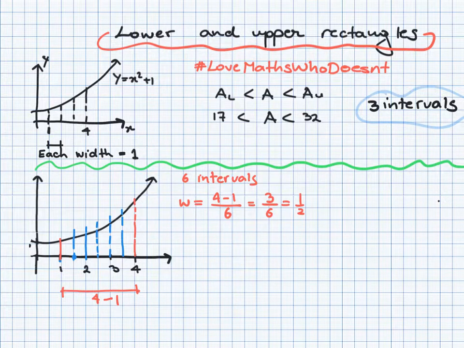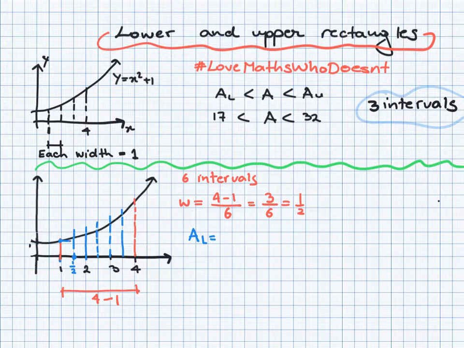Now, in order to find the lower area, we're going to do what we have done before. For the lower one, we're going to create rectangles. Again, between 1 and 1.5, we're looking for the minimum value of the graph, and it's at this point when x is equal to 1.